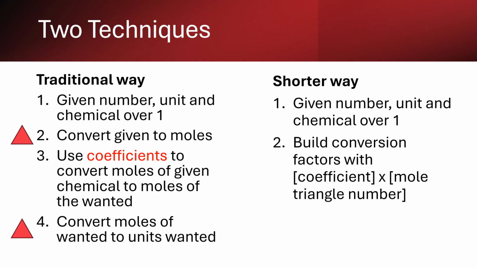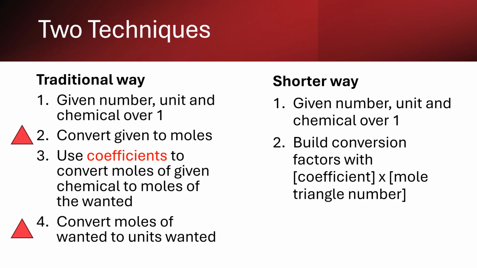All right, just to compare and contrast these two techniques, in the traditional way, the first fraction we're going to write is whatever we are given, the number, the unit, and the chemical over 1. The second fraction we're going to write is taking whatever we were given and converting it to moles if it was not already in terms of moles.